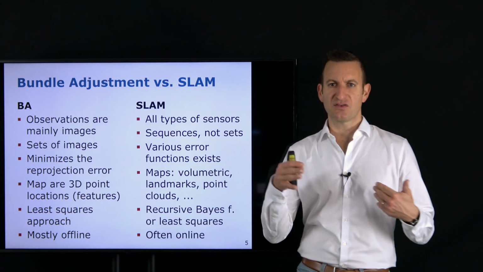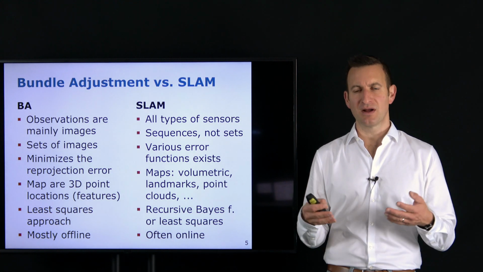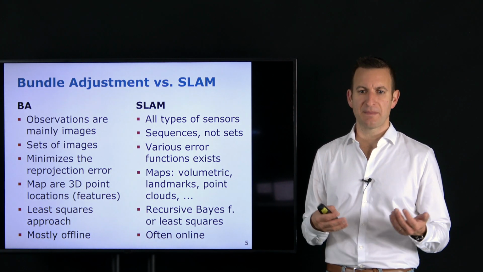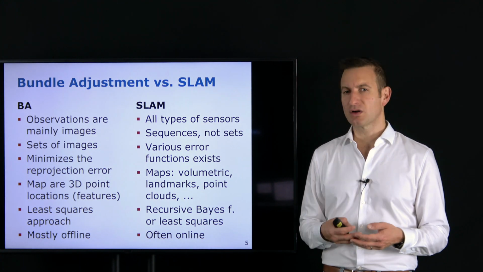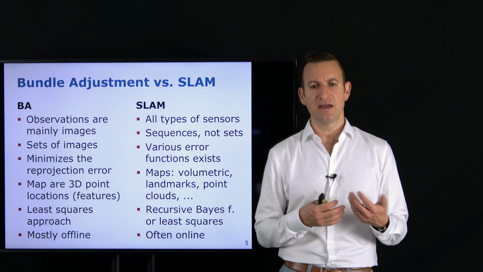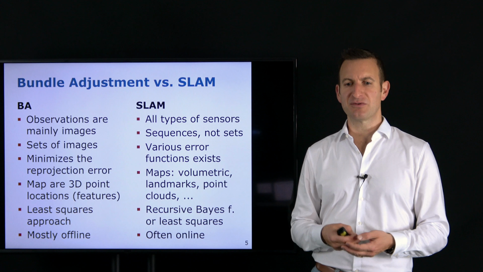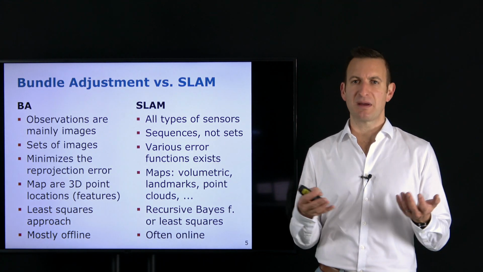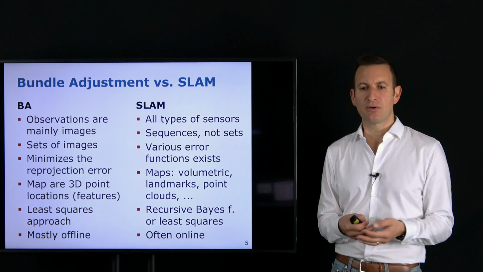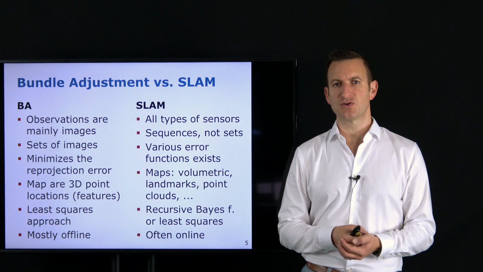And we can exploit this sequential nature in order to build better maps or make assumptions about the motion of the platform during these points in time. We also use motion models typically, so take the motion capabilities of the platform into account in this modeling task, and we can build all different types of maps, volumetric ones, landmark-based ones, point clouds, whatever it is. We are not restricted to, let's say, 3D points in the environment, which is typically the assumption that is made in the bundle adjustment approach.